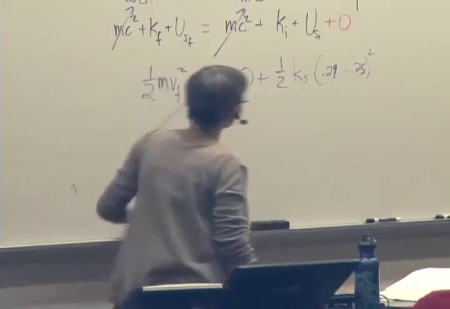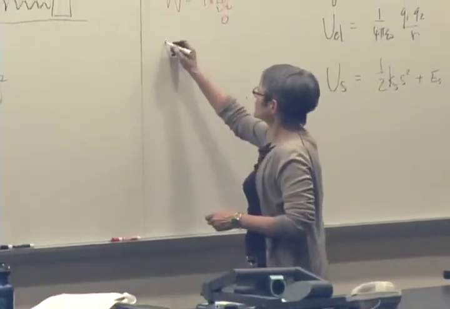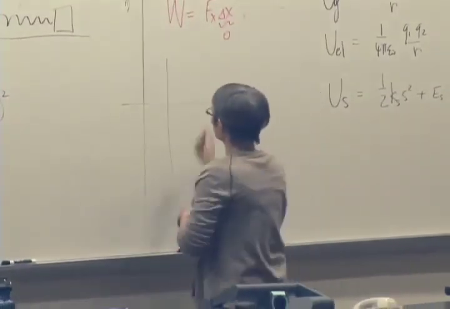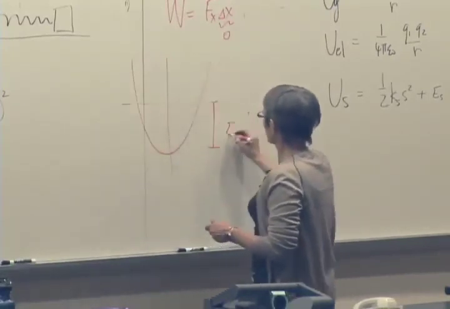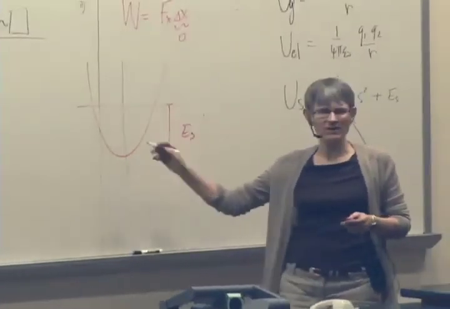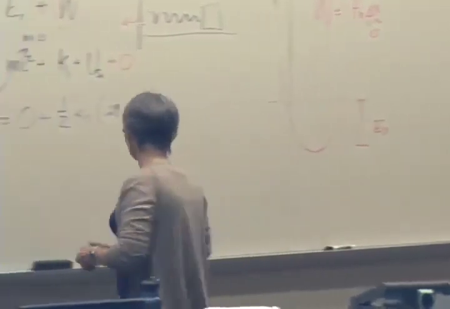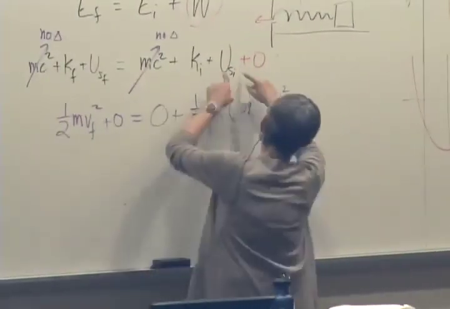So good question. Remember that we said for a real spring that we were going to add this negative constant potential energy, so that we could have bound states. So really, we should be adding this into the potential energies here.